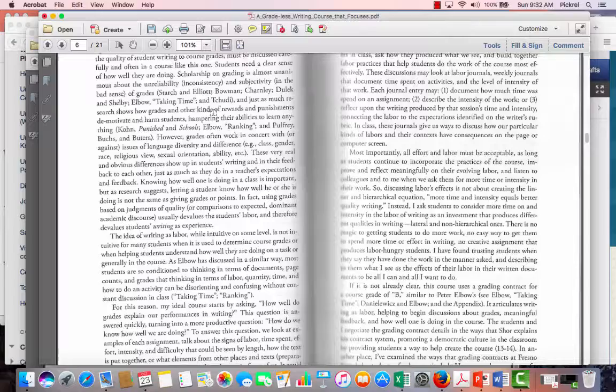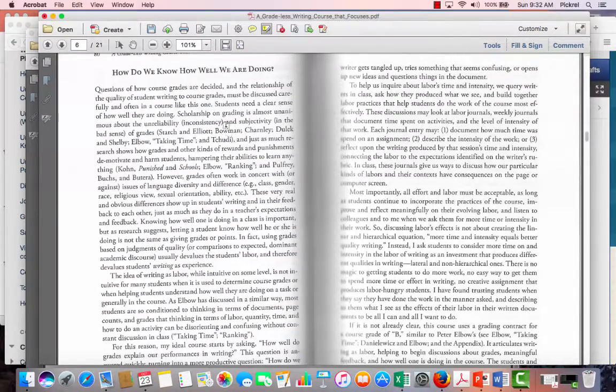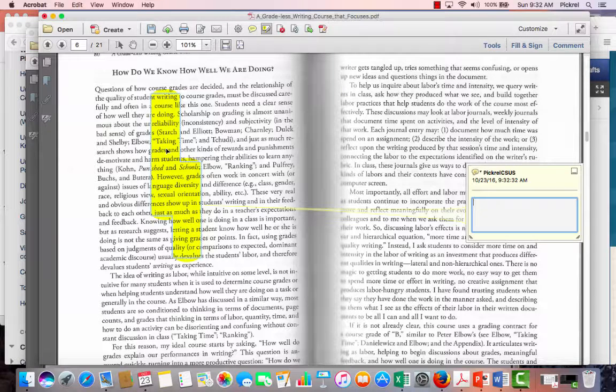Here you can see that he talks about scholarship on grading and its unreliability and inconsistency, and he names several authors in this section, and uses their ideas as evidence to back his ideal writing course.